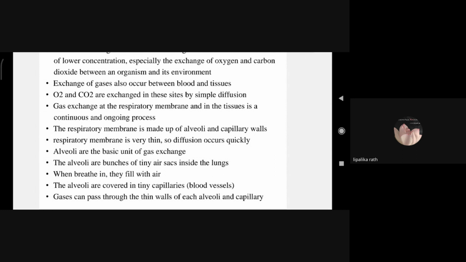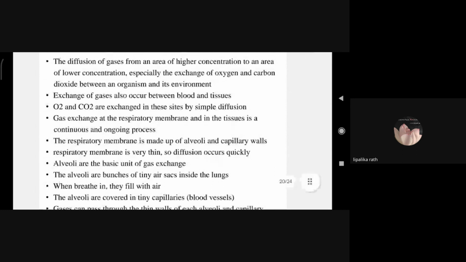For cleansing practices like Vaman Dhoti or Laghu Shankh Prakshalan or Vastra Dhoti, Dand Dhoti, Neti, we use lukewarm saline water. Why? To regulate osmotic pressure, right? Otherwise, what will happen if we don't use salty water? Then our body will absorb that water.